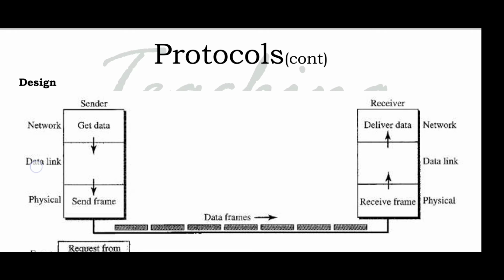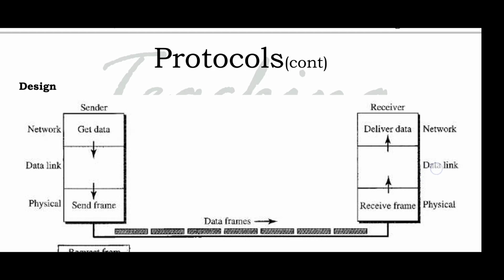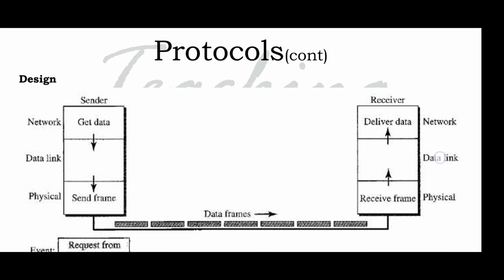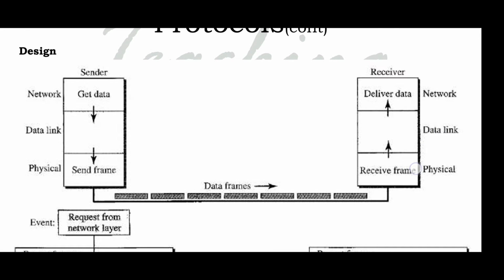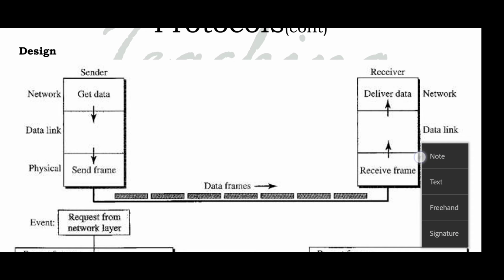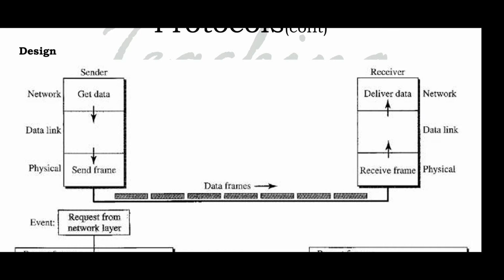The data link layer at the receiver side receives the frame from the physical layer, extracts the data from the frame and delivers it to the network layer.